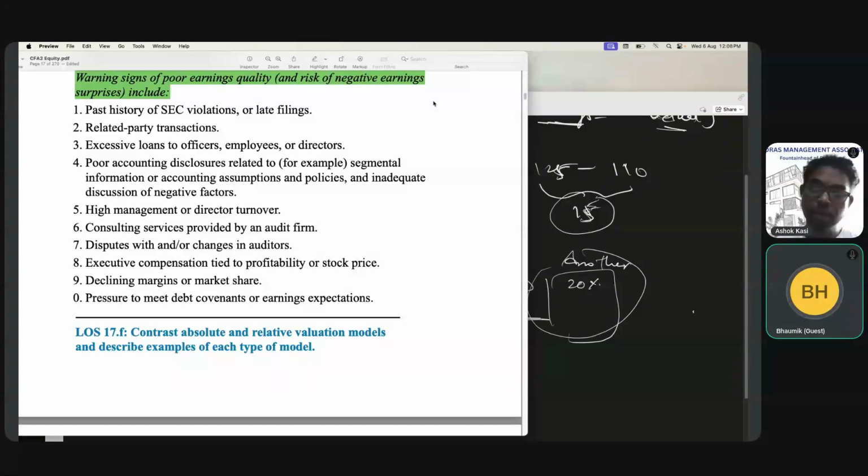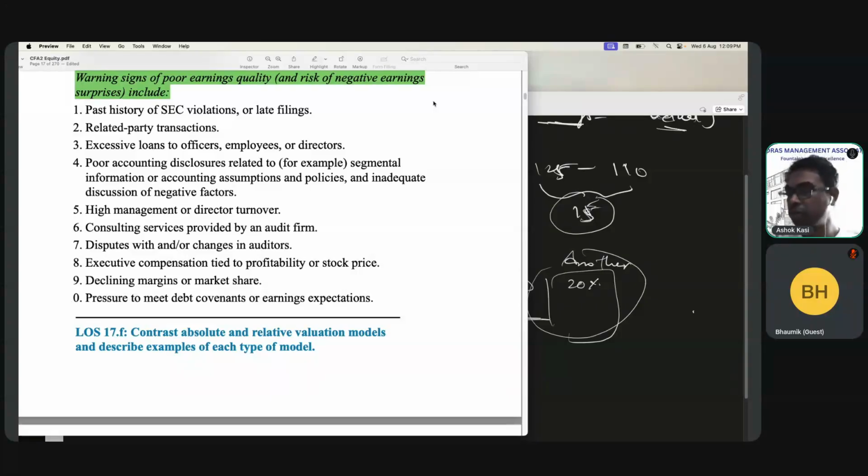See, what happens is, consulting services provided by the auditing firm. Just imagine there have been cases where accounting fraud has happened, where the auditors neglected the scams or the accounting fraud that was happening.